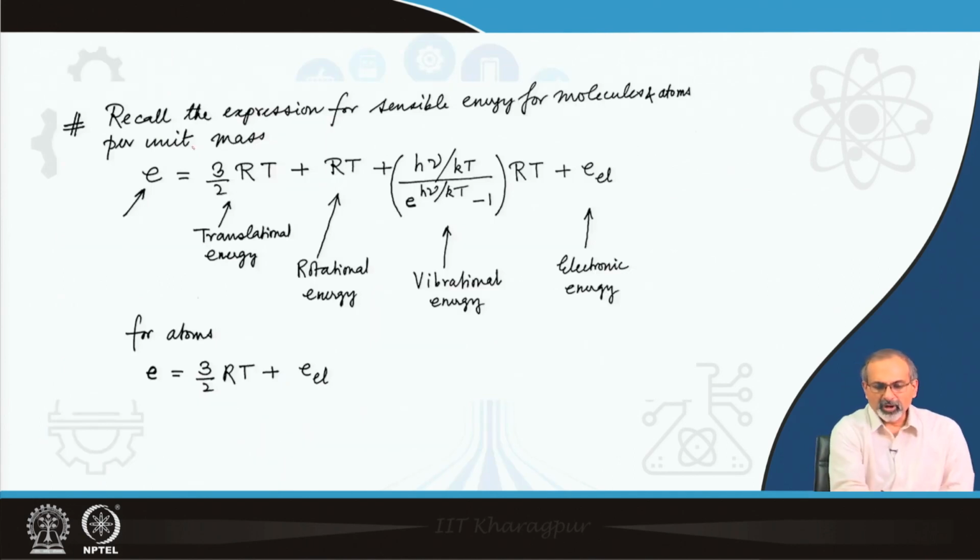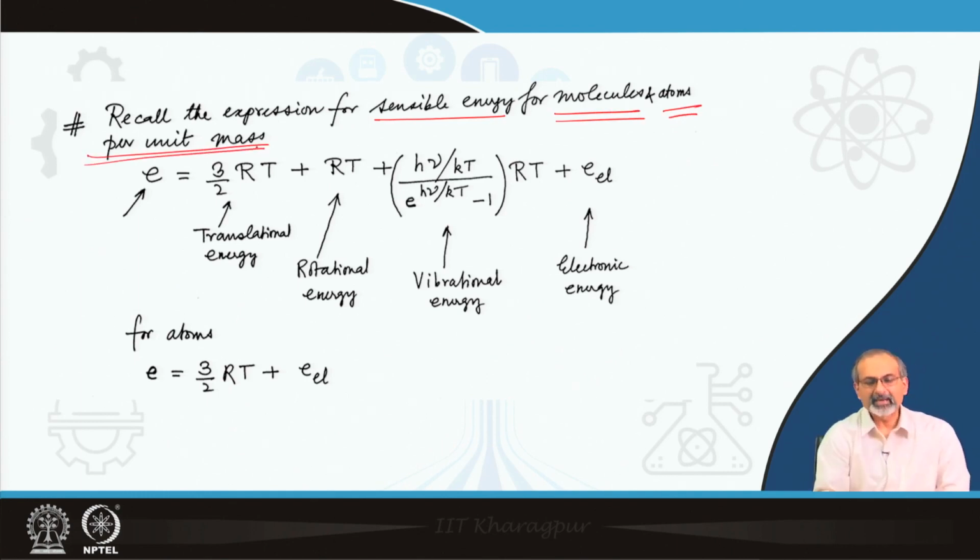And now, it is a good point to recall the expression for sensible energy for molecules and atoms on a per unit mass basis. It can be easily extended to per mole basis. So, this is something that we had discussed at length when we were discussing statistical thermodynamics in week 6.